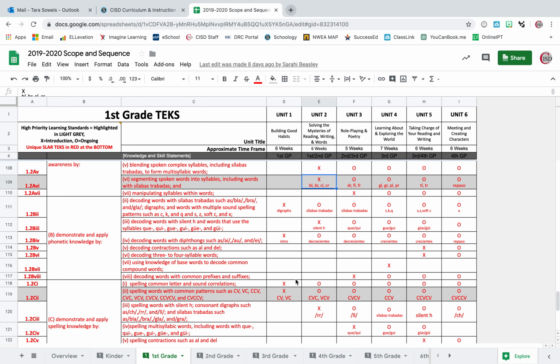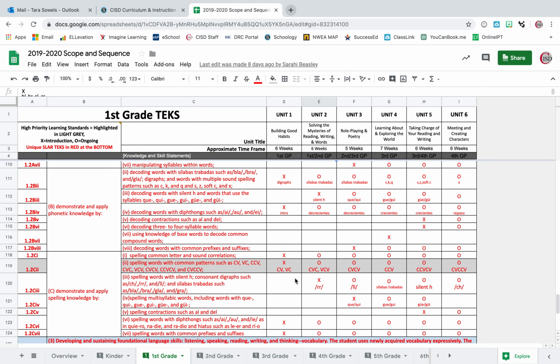That should help so that we're all on the same page. Whether you're at Wilson or Denton Creek, you can call up your partner who teaches the same thing as you, and you'll be on the same page. That's my hope, my vision for the scope and sequence and breaking down these TEKs.